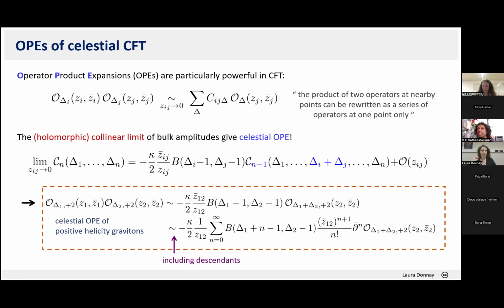Do you want to think of it as a better idea to look for a 2D CFT because for some reason you know a lot about CFT techniques? For instance, OPEs in celestial CFT, in usual 2D CFT, are extremely well known and well understood. You could hope that thanks to this structure, where I'm only scratching the surface of this OPE, you can gain new things on the bulk side.